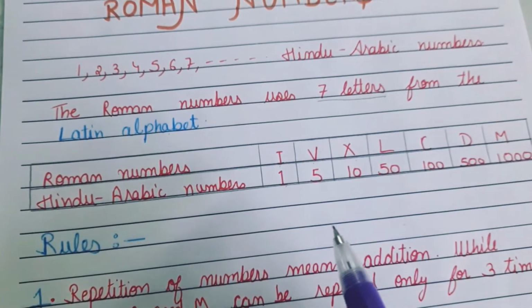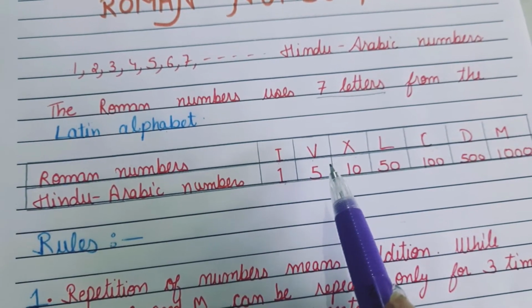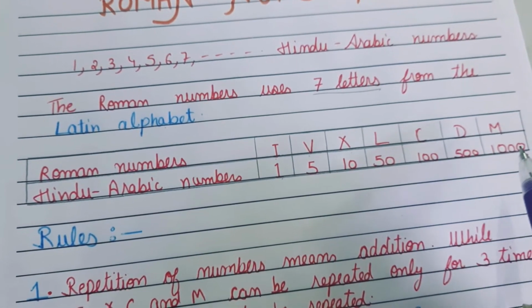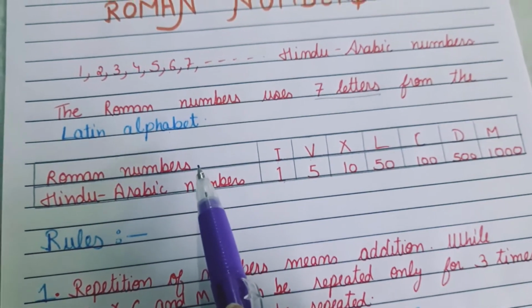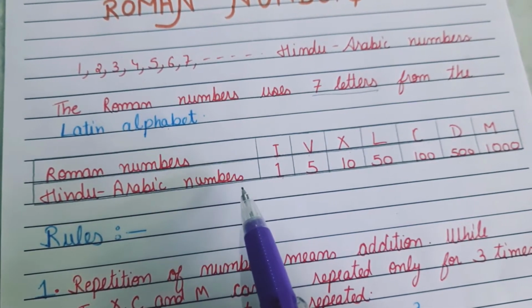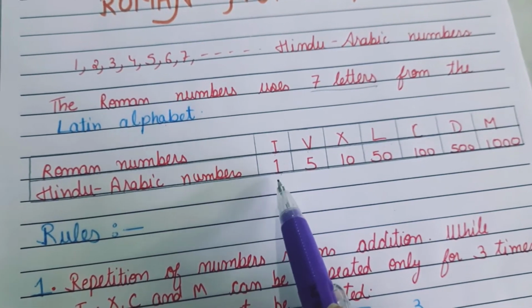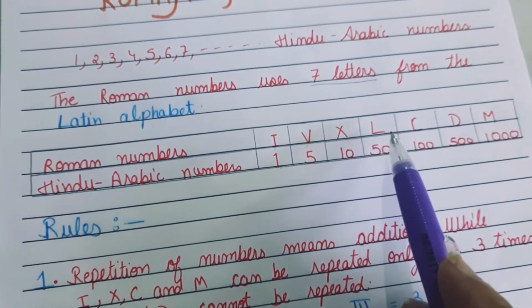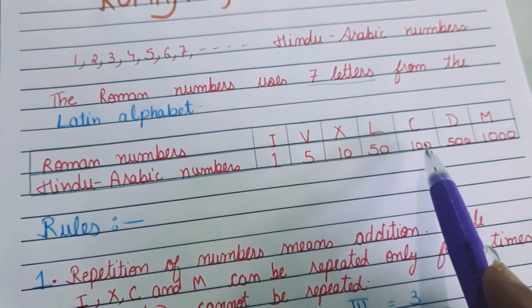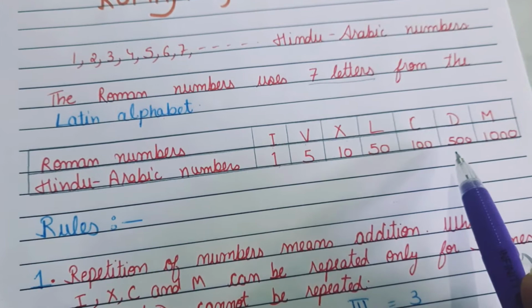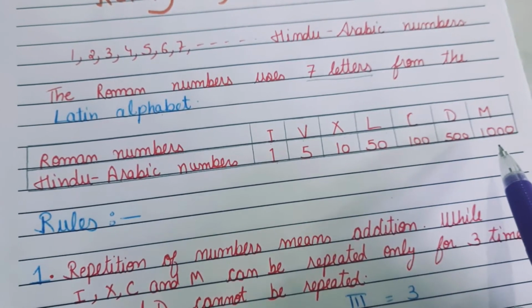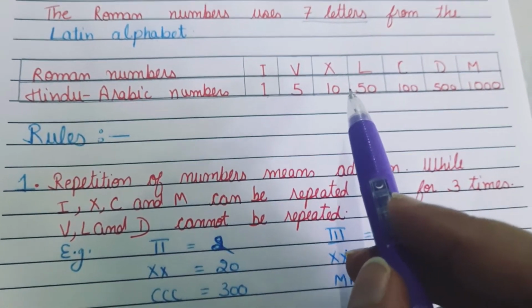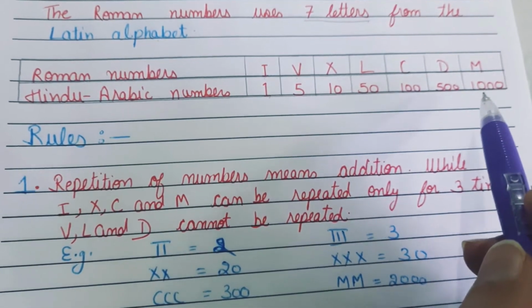The 7 letters are I, V, X, L, C, D and M. In Hindu-Arabic numbers, I is for 1, V is for 5, X is for 10, L is for 50, C is for 100, D is for 500 and M is for 1000. These are the 7 letters used in the Roman number system.